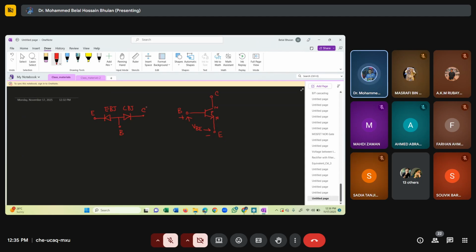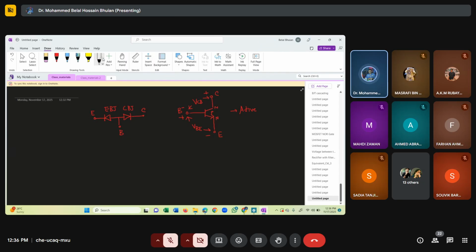If you want to make it forward bias, P side is higher potential, N side is lower potential. And if you make it reverse bias such that VCB, plus minus, so N side is connected to the positive terminal and P side is connected to the negative terminal, reverse bias. In that case, it is in active region.